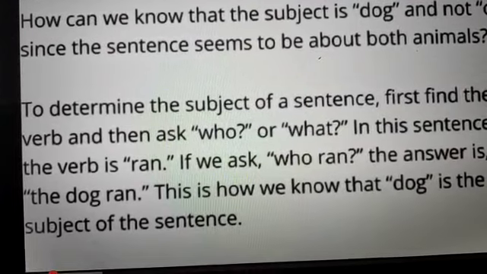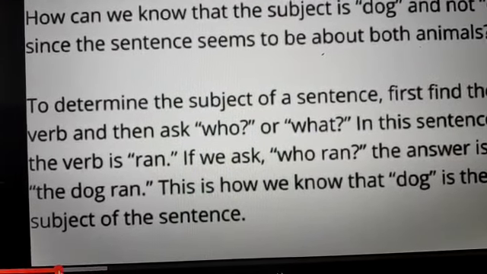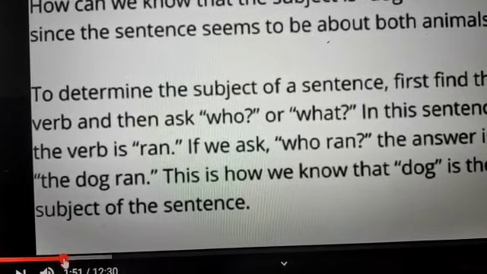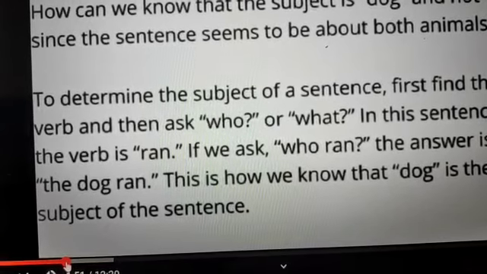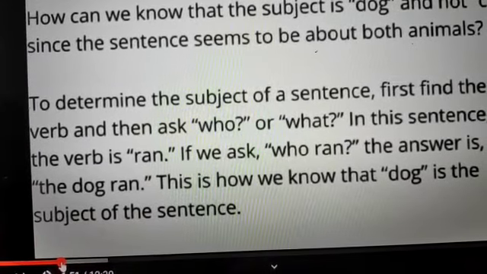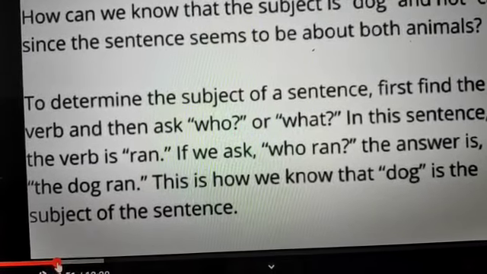Dear students, it is very simple. No need to get confused about whether the dog or the cat is the subject. To determine the subject of a sentence, first find the verb and then ask who or what.